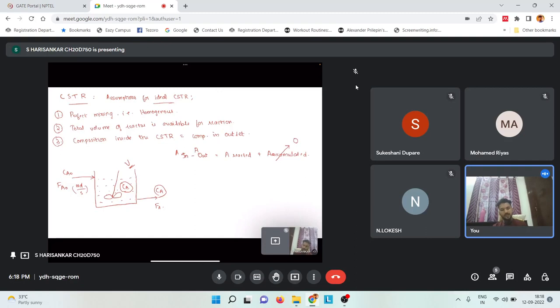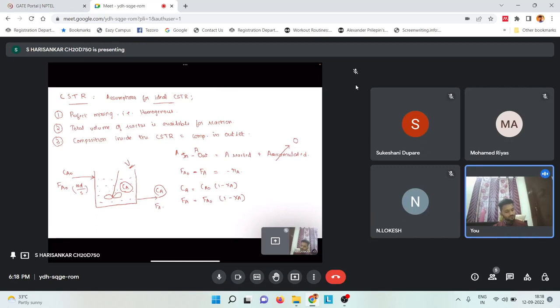When we talk about A in terms of molar flow rate, A in is Fa0 and A out is minus Fa. This is equal to A reacted, which is basically minus Ra into V. Now we saw that Ca is equal to Ca0 into 1 minus Xa, and similarly Fa is equal to Fa0 into 1 minus Xa.